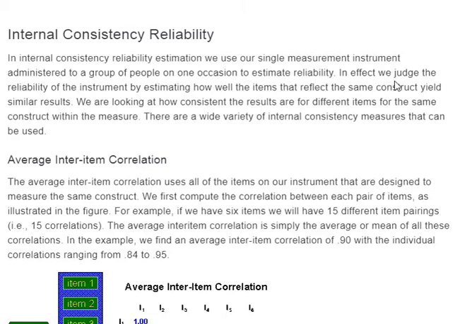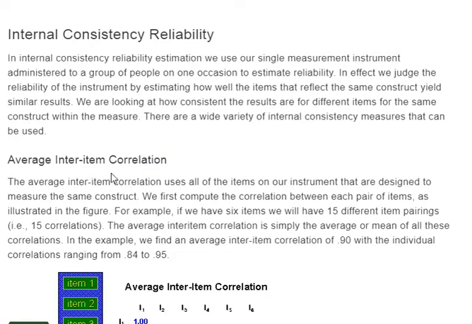In effect, we judge the reliability of my instrument by estimating how well the items that reflect the similar construct yield similar results. We are looking at how consistent the results are for different items for the same construct within the measure. There are a wide variety of internal consistency measures that can be used.